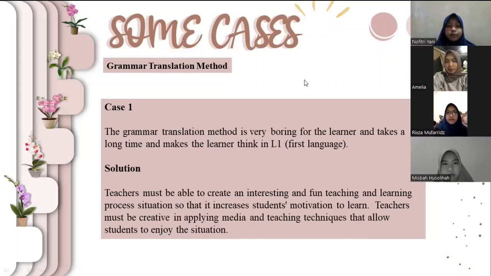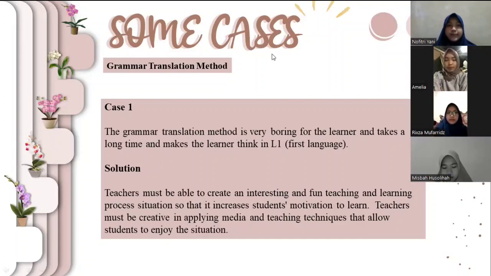So, case 1, the grammar translation method is very boring for the learners and takes a long time and makes the learner think in L1 or first language. So, what is the solution in this case?